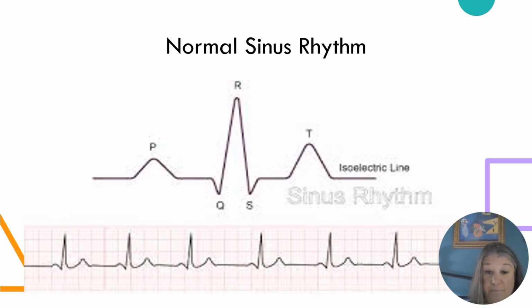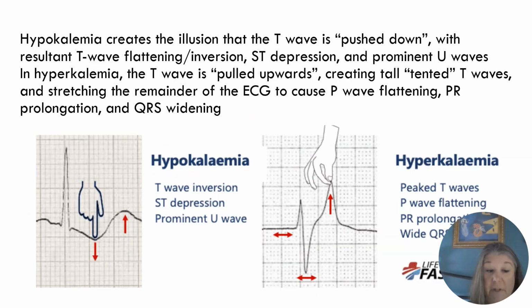Now, here is slide 20, about what happens in hypokalemia, first of all, and then hyperkalemia. So really, we're going to be looking at my T waves. So in hypokalemia, that T wave is inverted. See how that is pressing down, right?